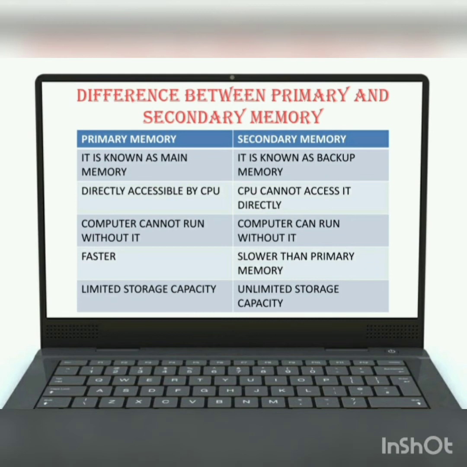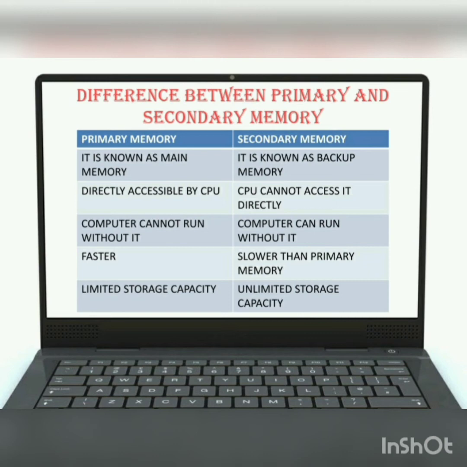The CPU has direct access to primary memory and the CPU cannot access the secondary memory directly. A computer cannot run without a primary memory, but a computer runs without a secondary memory. Primary memory is much faster than secondary memory, and primary memory has limited storage compared to secondary memory.